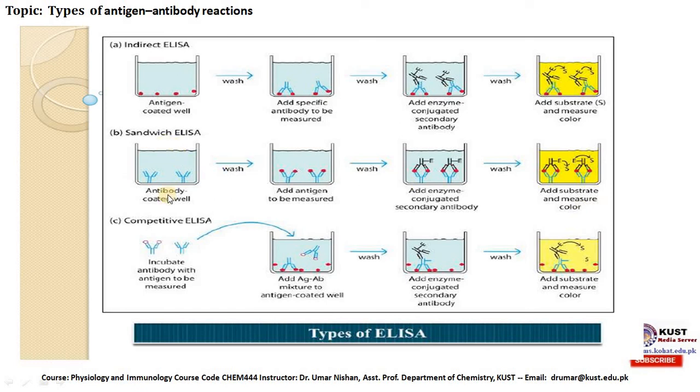This is the example of sandwich ELISA. Competitive ELISA: incubate antibody with antigen to be measured, add the antigen antibody mixture to an antigen coated well, wash, add enzyme conjugated secondary antibody, wash, add substrate and measure color.